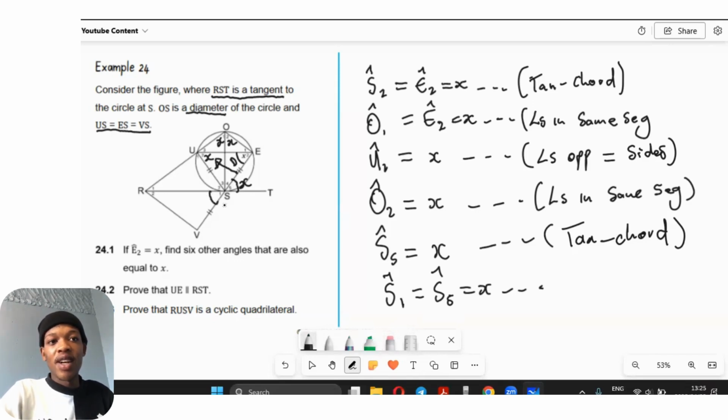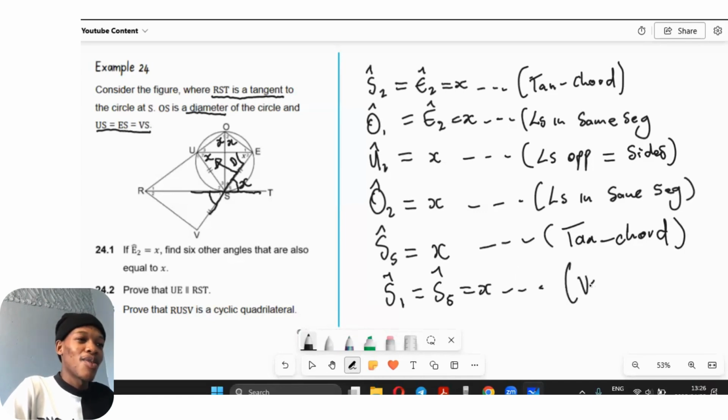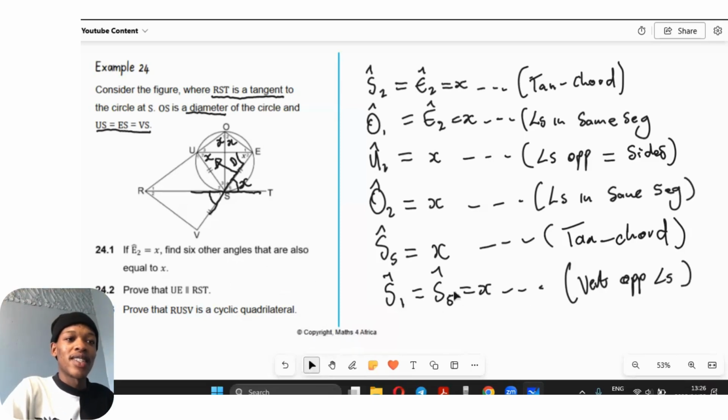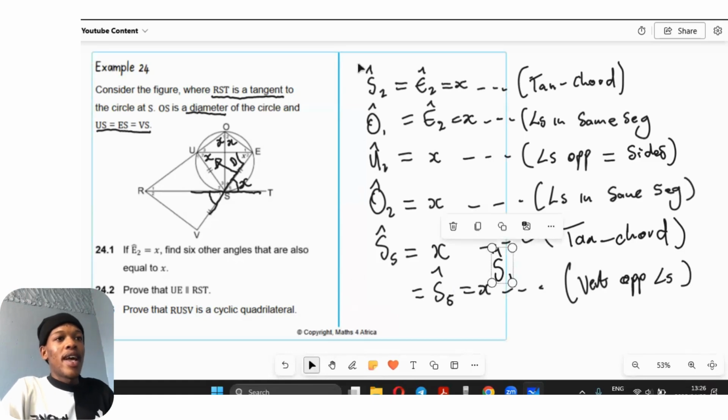Let's form an X: a line forming an X, and another line forming an X. They are vertically opposite angles. Done. Now we have all the angles that are equal to X.